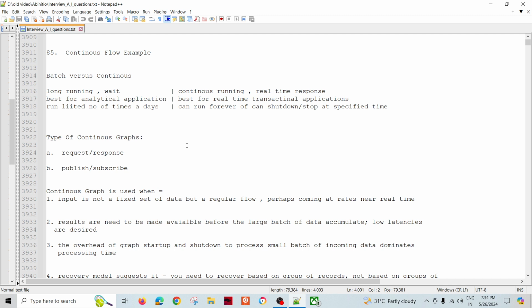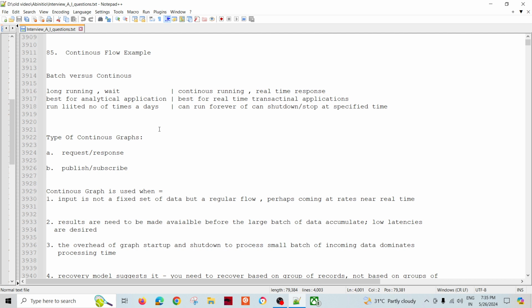As we know, batch graphs are majorly long running. They have a long time to process actually. There are lots of batches in our projects.